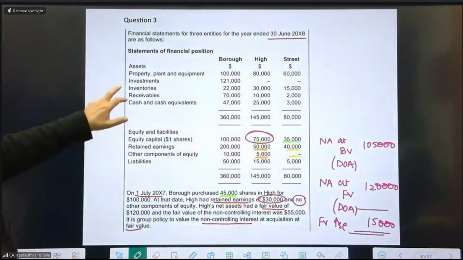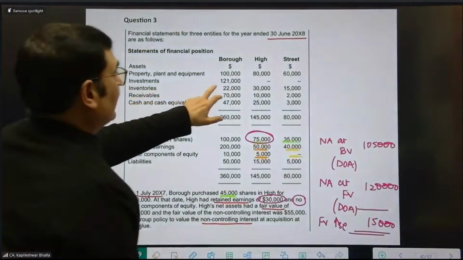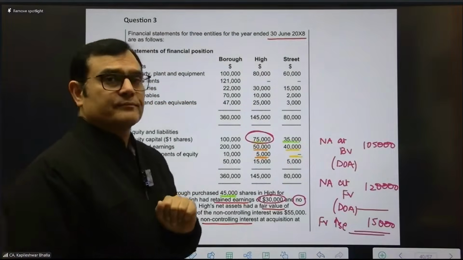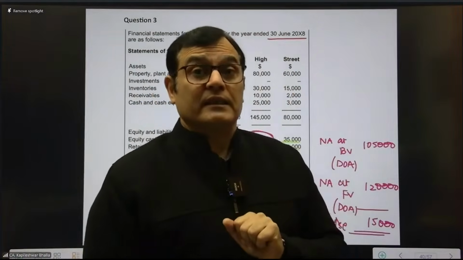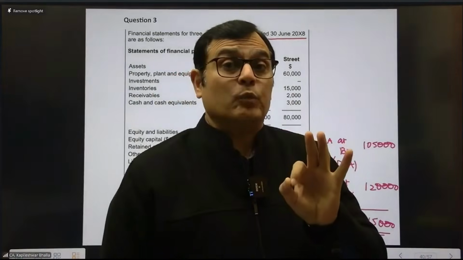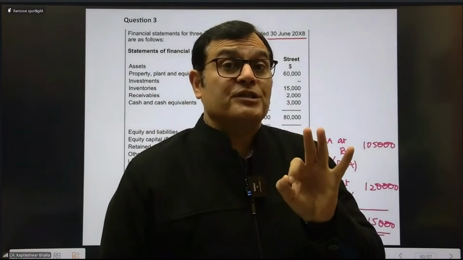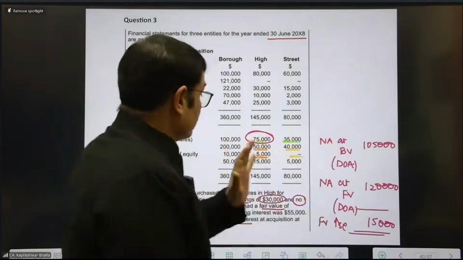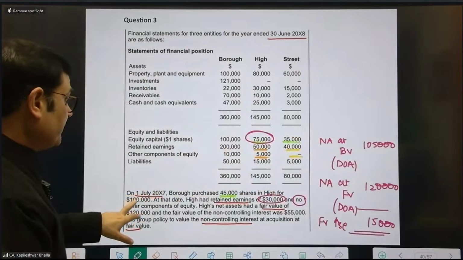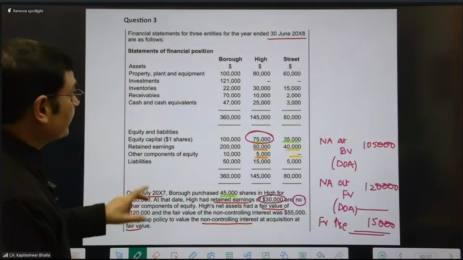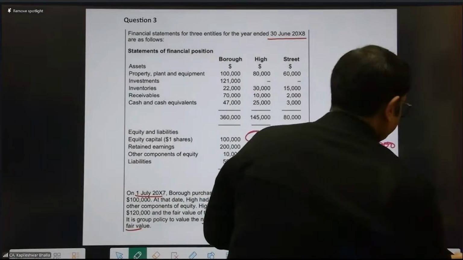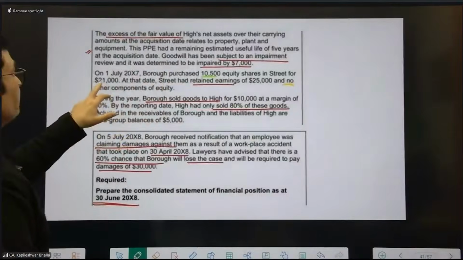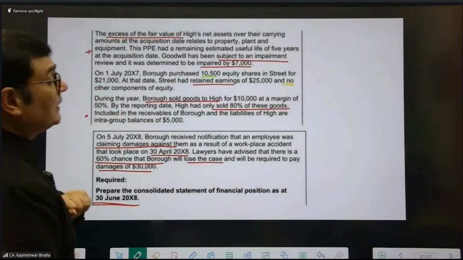So we can see that investments are appearing in the balance sheet at 121. Now the focus would also be to see whether this 121 includes some outside investments or not. So he purchased the shares in the subsidiary at 1 lakh out of that 121, and he purchased the shares at 21,000.